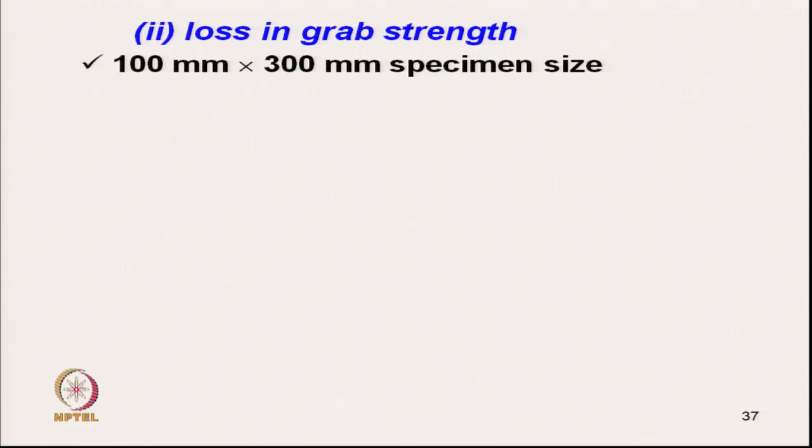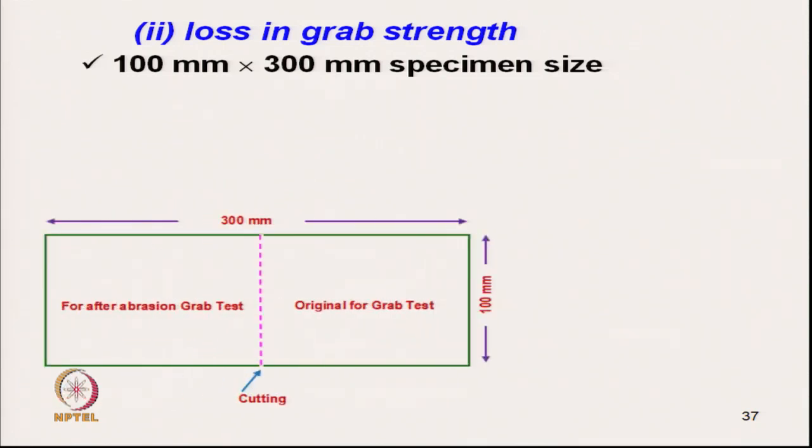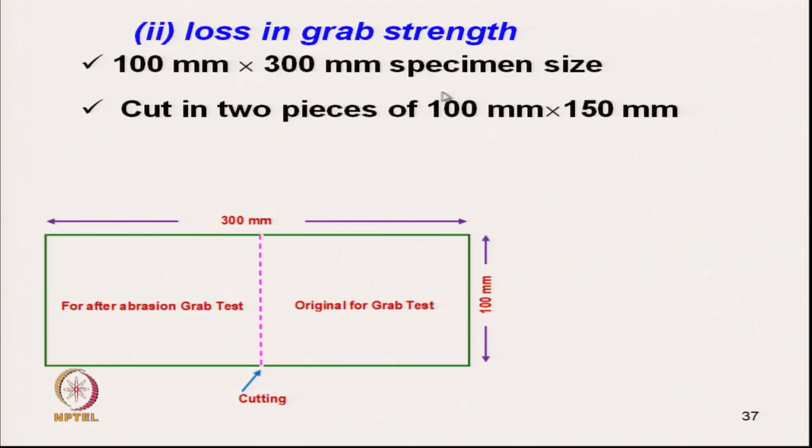is cut, that is 10 centimeter by 30 centimeter. This is the 30 centimeter by 10 centimeter specimen. Now, we cut this fabric into 2 equal parts. So, the specimen size becomes 100 millimeter by 150 millimeter.